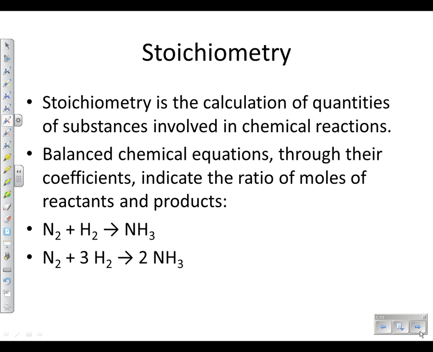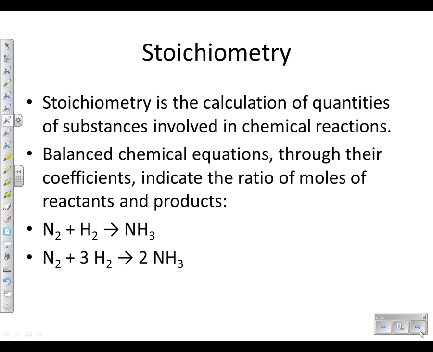If I had 1,000,000 molecules of N2, how many molecules of H2 would I need? 3 million. And I'd get 2 million of these. Still wouldn't be able to see it, still way too small. But that's how the coefficients are giving us the ratios between the different parts. Does that make sense? Okay, we good there?